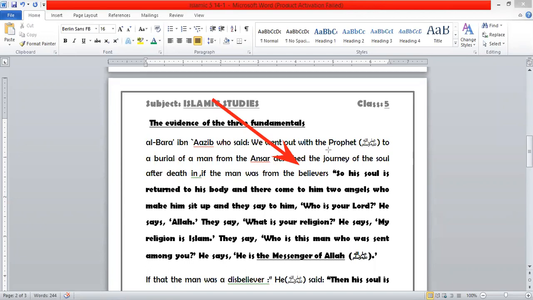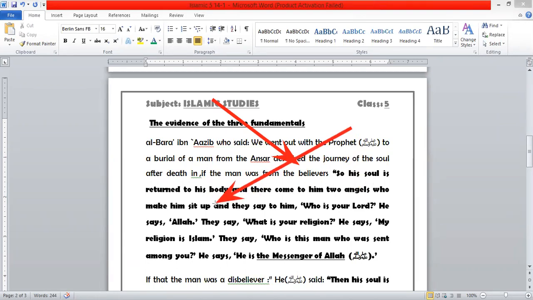It means that the people who buried that person have just left the grave, and the angels will come inside the grave. His soul is returned to his body, and there come to him two angels who make him sit up.